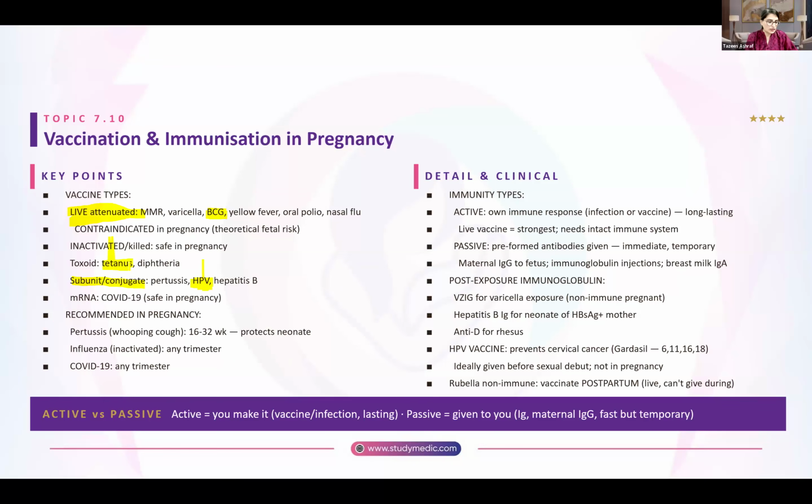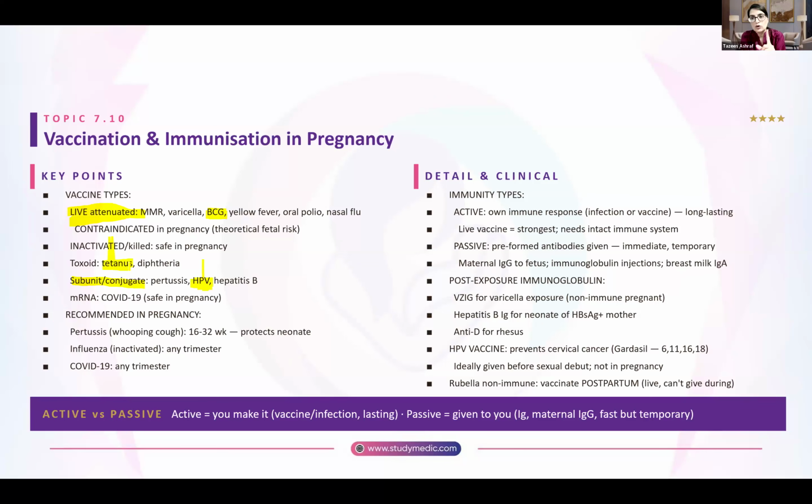These antibodies are maternal IgG to the fetus, antibodies crossing the placenta. Then immunoglobulin injections are also given, and a few antibodies are secreted in breast milk. These are the things we have to keep in mind about passive immunity. Post-exposure immunoglobulins are given.